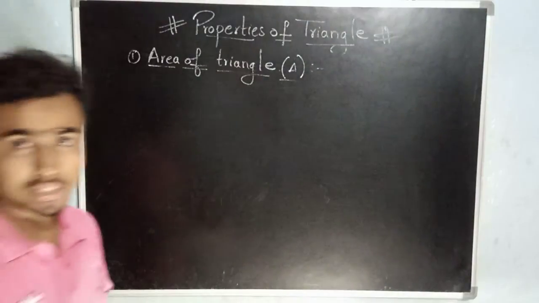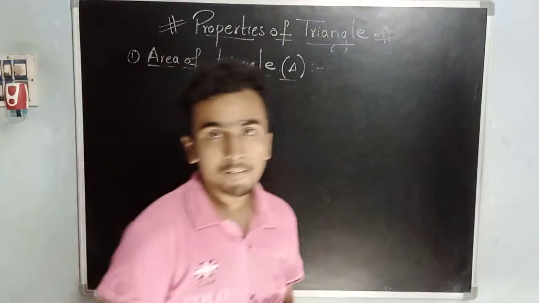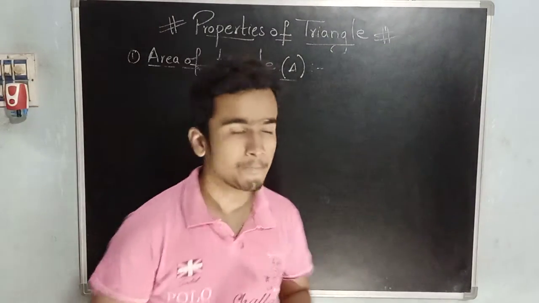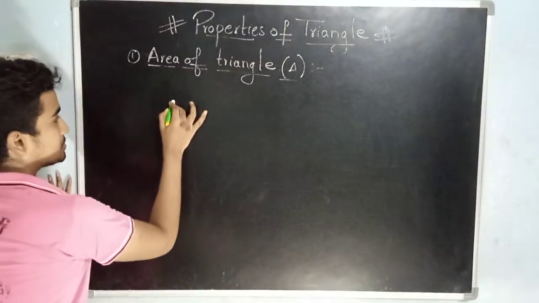Now we are going to see a simple derivation: why the area of a triangle is half into base into height. The aspect is very simple. Listen carefully.